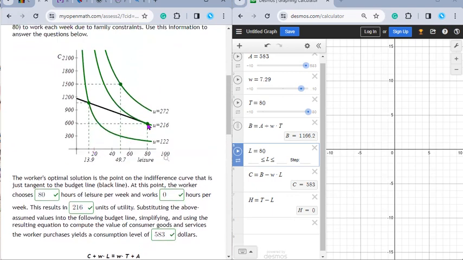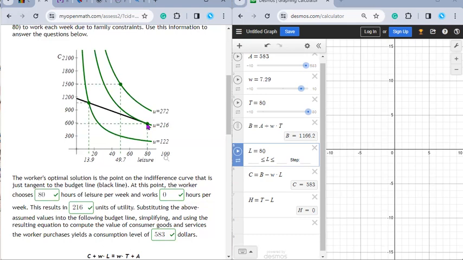At this point, the indifference curve intersects, that's the one point of intersection between this green line and this black line. There's only one point of intersection. And if you blow this up, if you zoom in right here, the green indifference curve will look like a line. It'll look like the budget line.